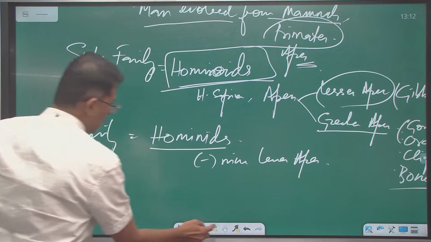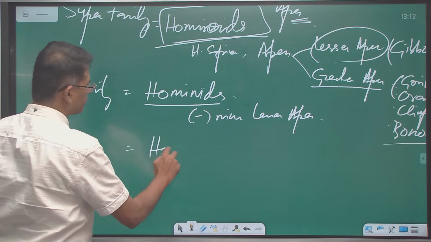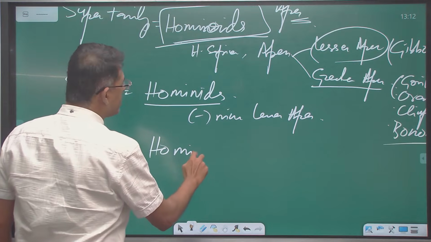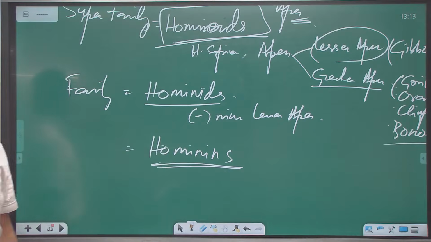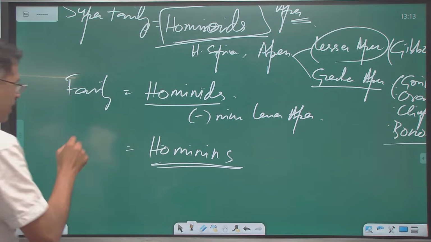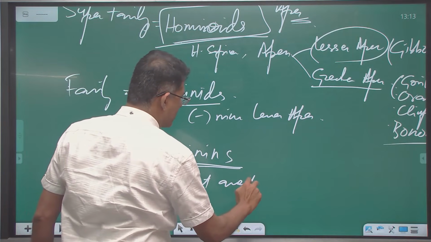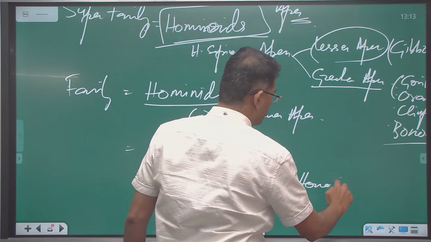Achha. There is the next group called as hominins. Hominins are the closest ancestors of Homo sapiens sapiens. Okay, these are the closest ancestors of Homo sapiens.